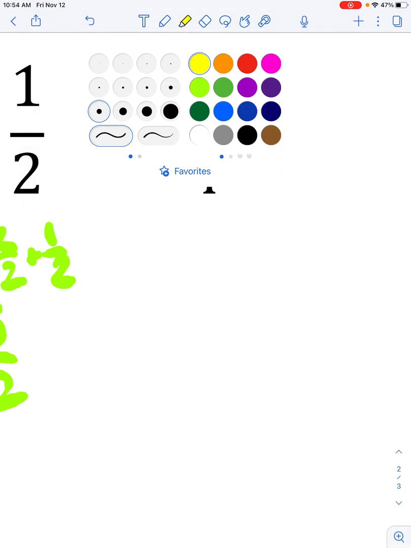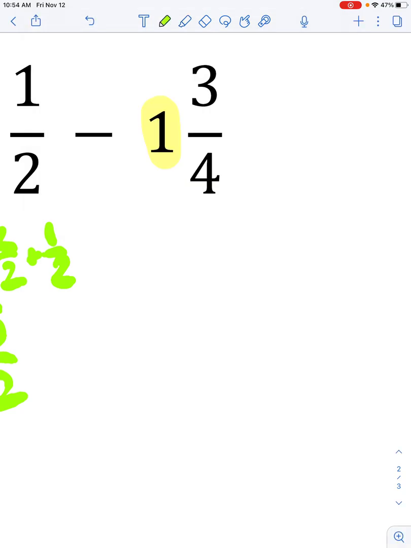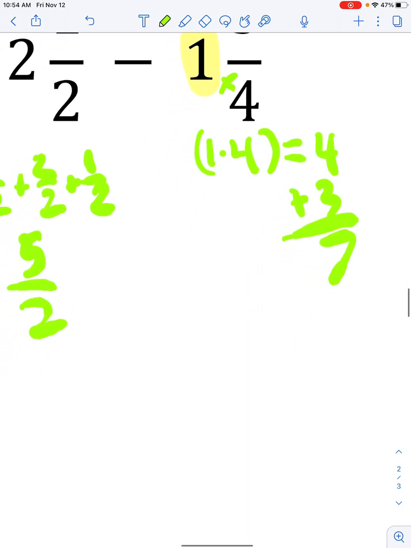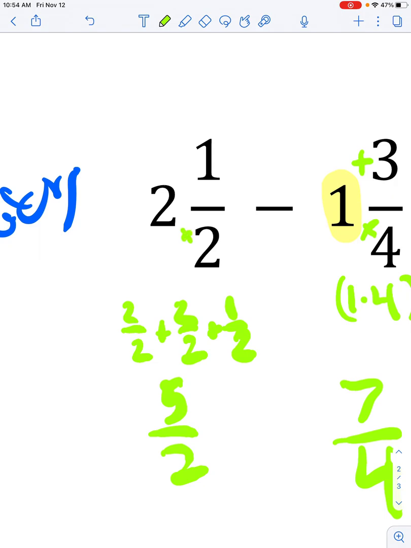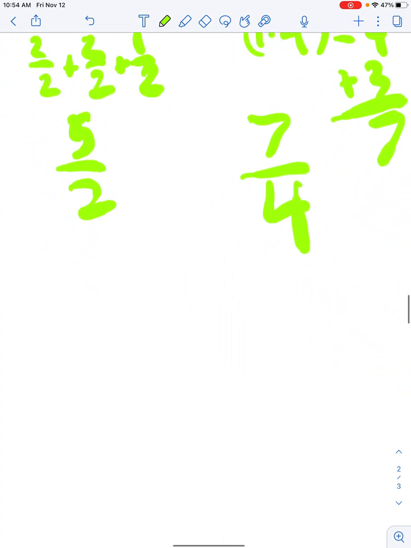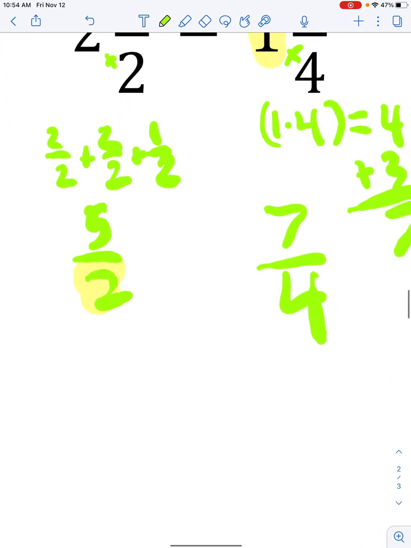So that gives me 5/2. Another way to think about it is you take the whole number, multiply by the denominator, and then add the numerator. So 1 times 4 is 4. 4 plus 3 is 7. Therefore, this number is 7/4. Again, multiply the whole number: 2 times 2 is 4, 4 plus 1 is 5. So there are multiple ways to do it.